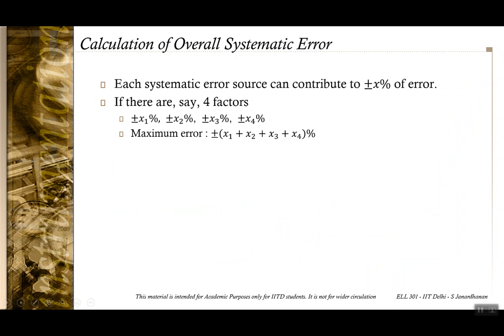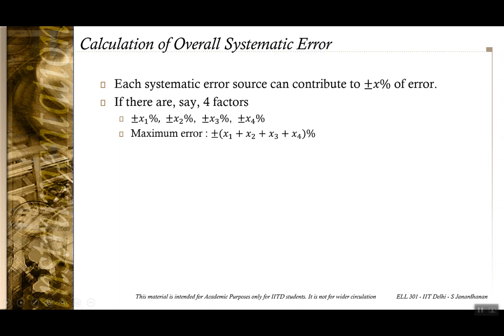Coming to the way the overall systematic error is generally calculated, we have seen that there are various sources of systematic errors and each source can contribute some percentage in the error. Now, if there are 4 different sources, the maximum error is obviously the summation of all the errors.